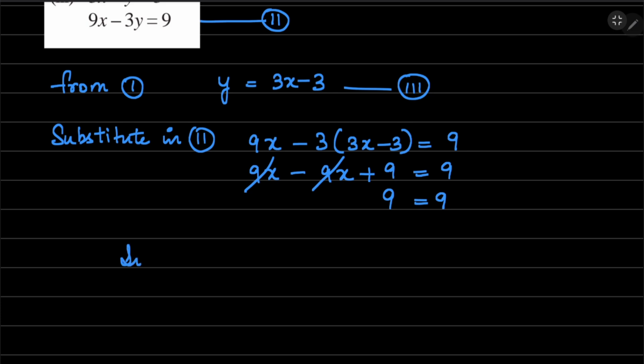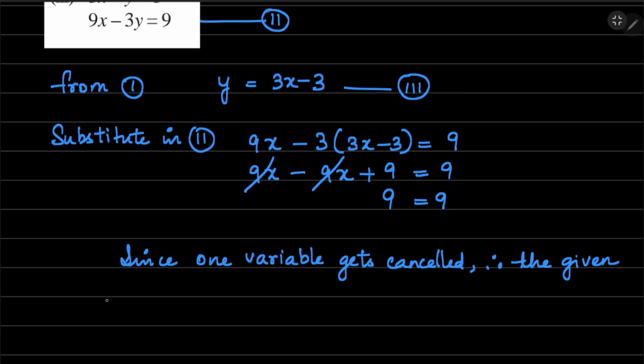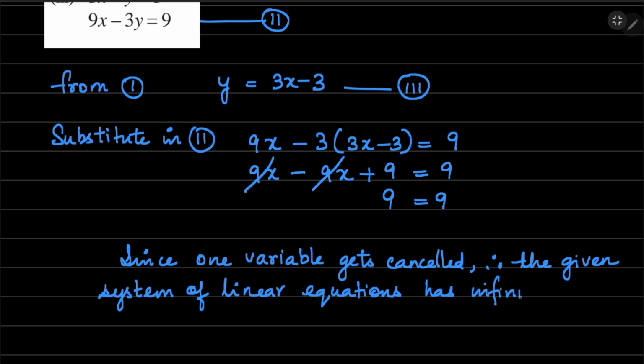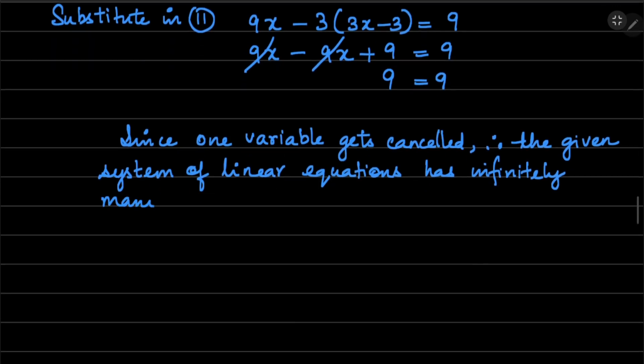So, you can write: since one variable gets cancelled, therefore, the given system of linear equations has infinitely many solutions. Not one, not two, but infinitely many solutions.